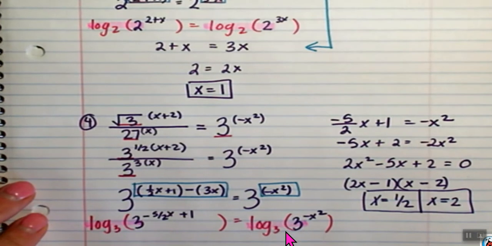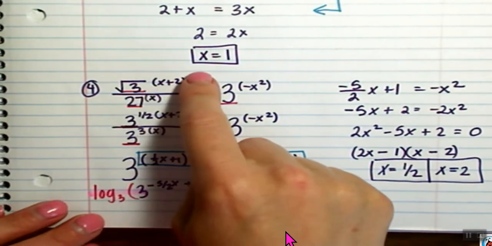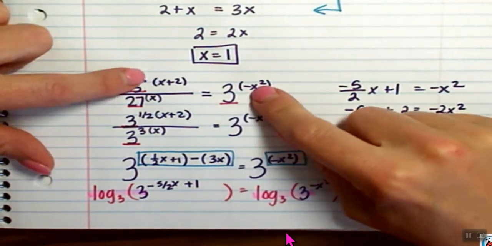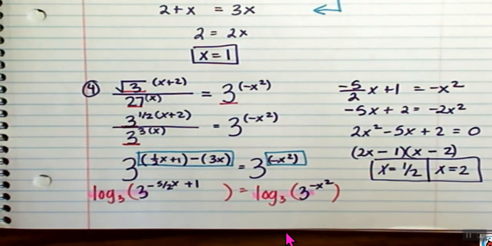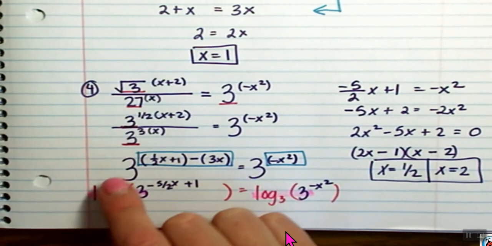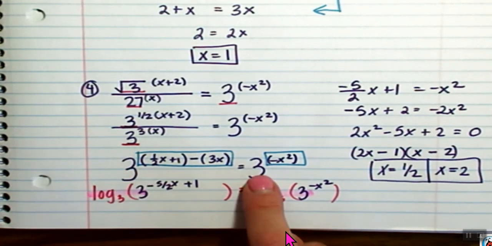So now I'm going to look at this bottom one. I have x's in multiple places. And so I notice that I want to try to combine the exponentials where the variables are in the exponents and turn it into one exponential equal to another.